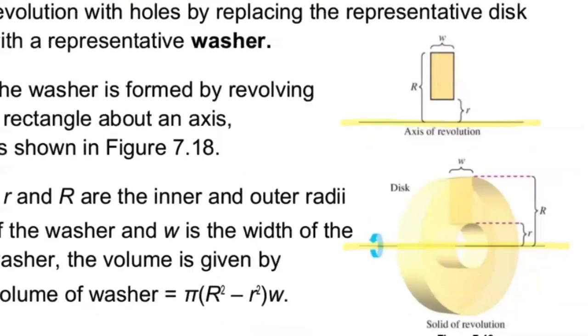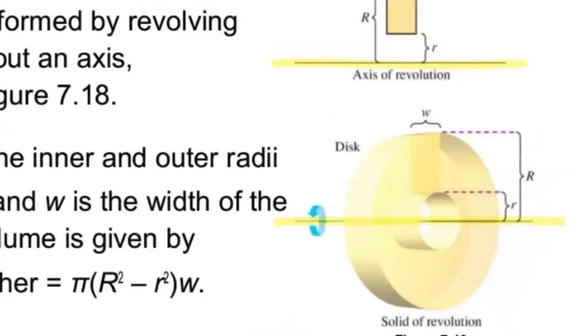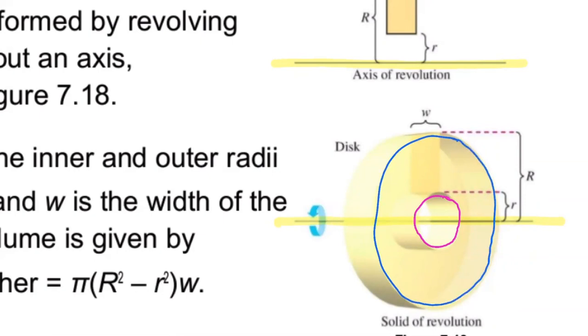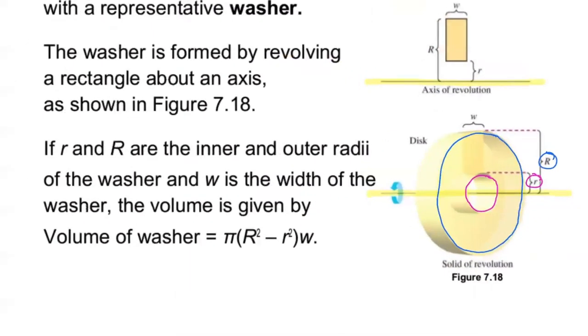All right, so we can see from this diagram that we end up with sort of an inner function and an outer one. Okay, and in particular, the outer function has a radius of big R, and the inner function has a radius of little r. And so that is how we're going to be modifying things.